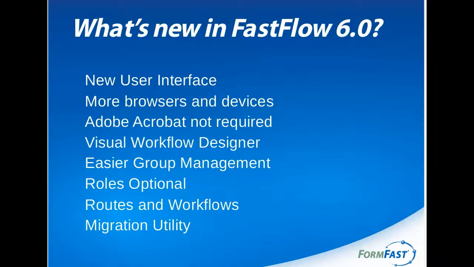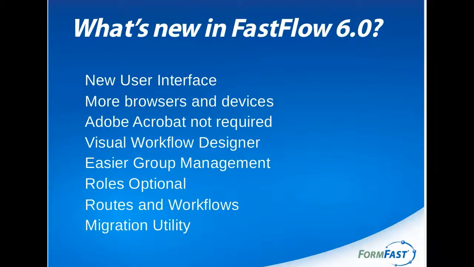And finally, we've added a migration utility that's going to allow you to export workflows, groups, users, and departments, so that when you're moving from a test server to a production server, you can use the migration utility to create a single file that includes all the information of a particular workflow or set of workflows and everything that's associated with that, all the way down to the users.